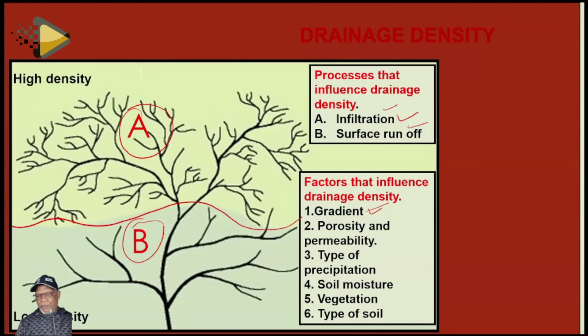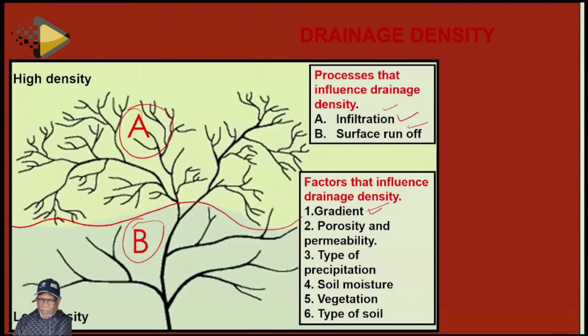And it means at B, the soil is dry. Because of the dry soil, there is going to be more infiltration. And because of more infiltration, there's going to be less surface runoff and lesser drainage density. And we have already spoken about vegetation, and type of soil is the same as porosity and permeability.